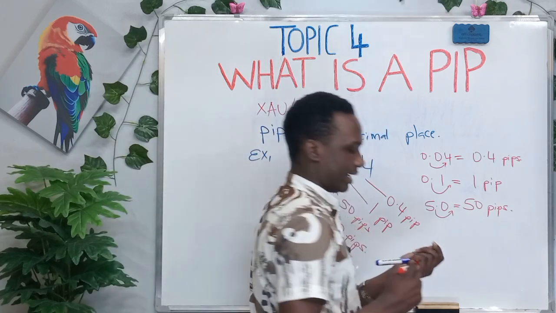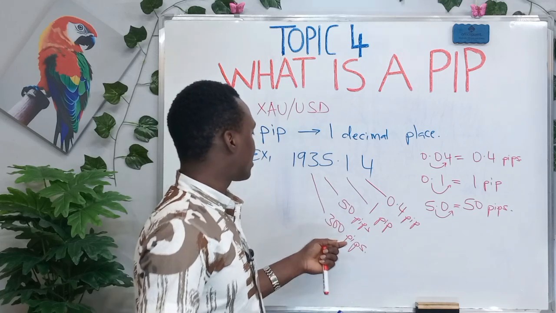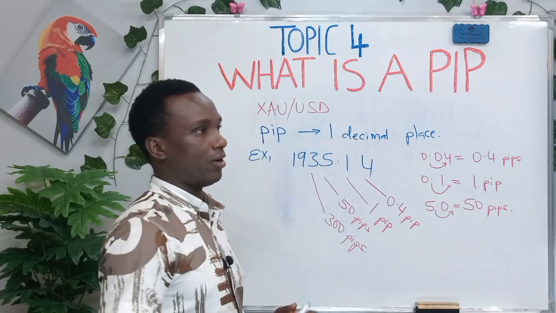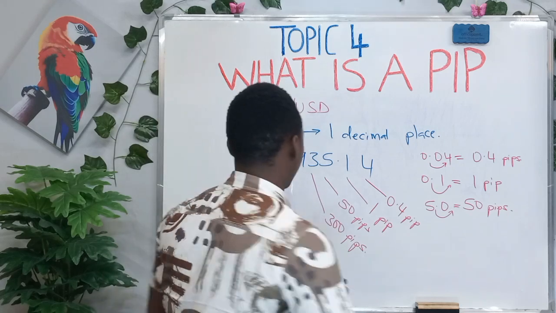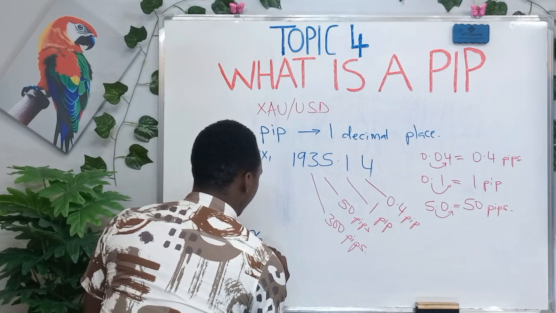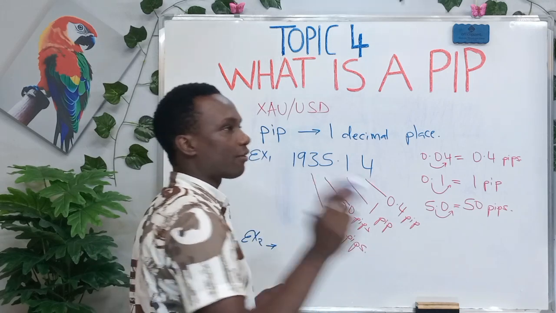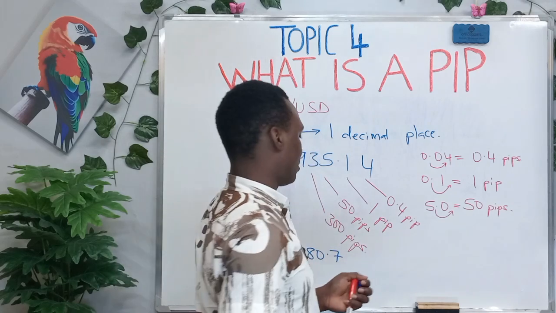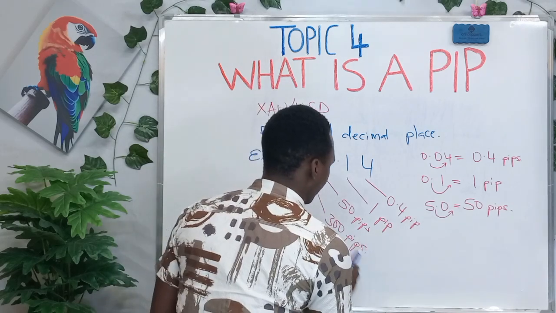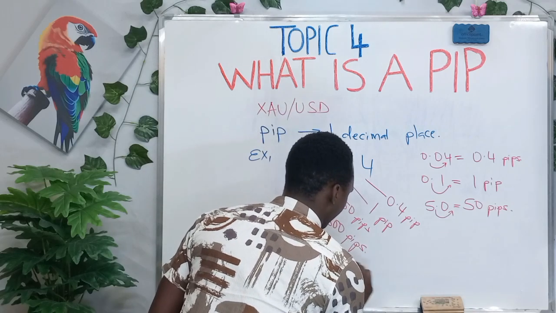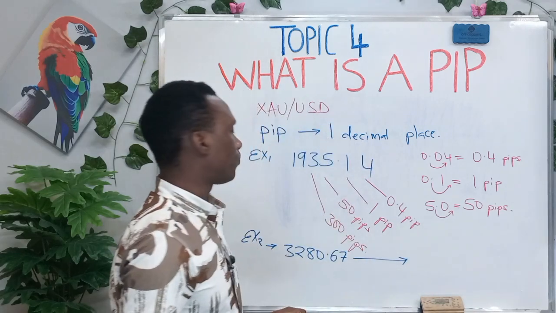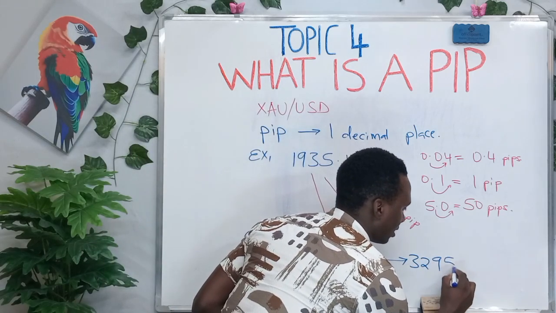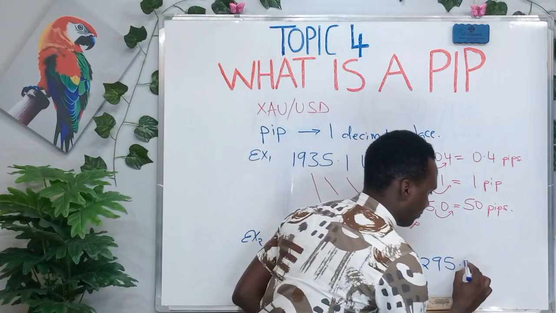All right. So let us look now at another example whereby there is a change in pip. Example 2: the price of gold shifts from, let's say, 3280.67 to around 3295.00.